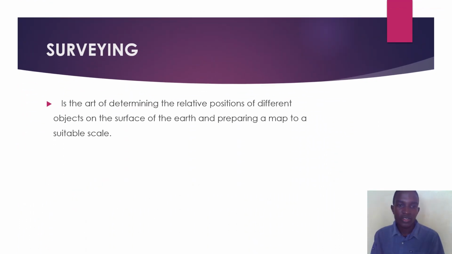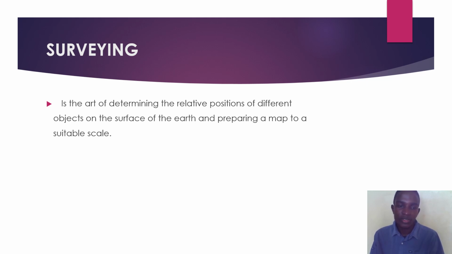To begin our lesson, let's start by defining the meaning of surveying. What is surveying? Surveying is the art of determining the relative positions of different objects on the surface of the earth and preparing a map to a suitable scale.